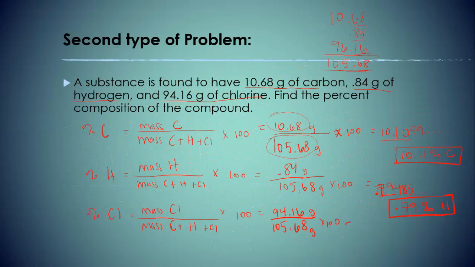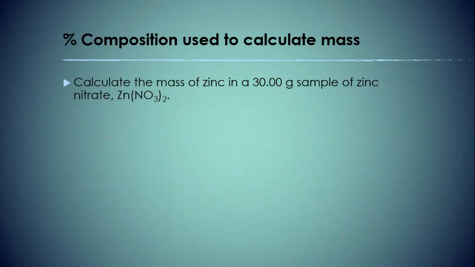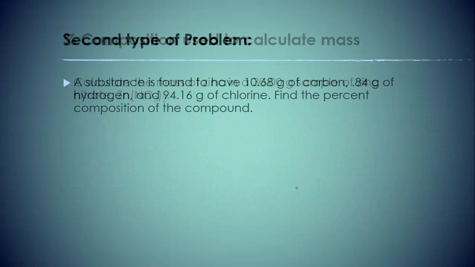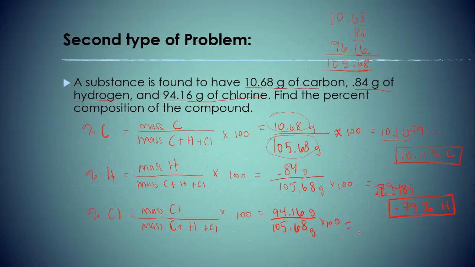Okay, do that part in our calculator, and we will get 89.09916, and it goes further. Okay, this has 4 sig figs, this has 5, we can keep 4. So that 9 beside the 9 we get to keep is going to round it up. So that's going to be 89.10% chlorine.